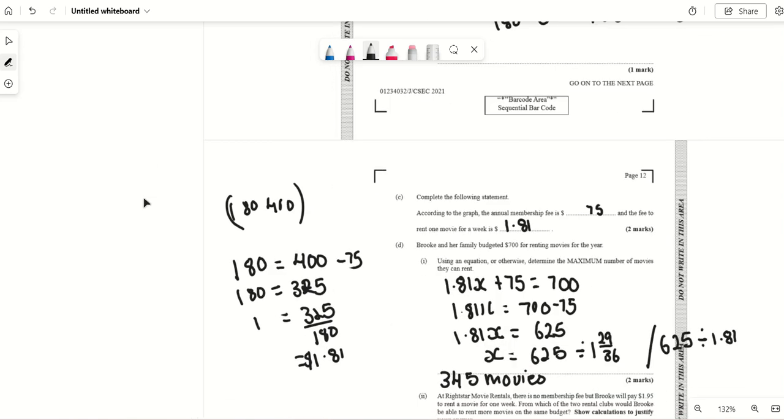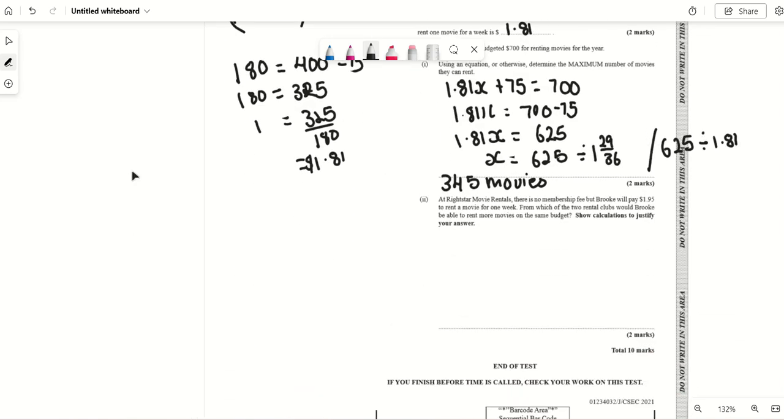Then they ask: 1.95x, we don't know how many movies, is equal to 700. We want to find out what x is. x would be 700 divided by 1.95. And when you divide this, you are going to get 358 movies.